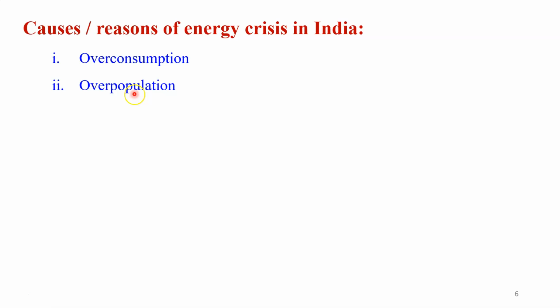Second important cause of energy crisis in India is overpopulation. As you know, student, as birth rate continuously increases, it leads to rapid population growth, and this population consumes a lot of energy, and when energy consumption increases, energy crisis is observed.